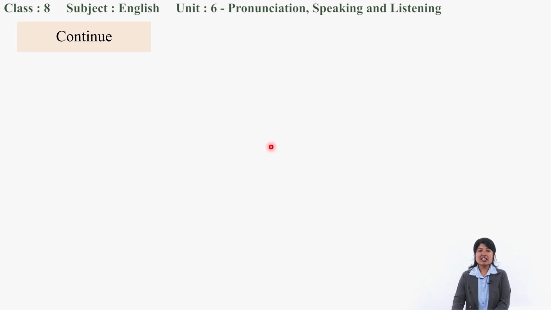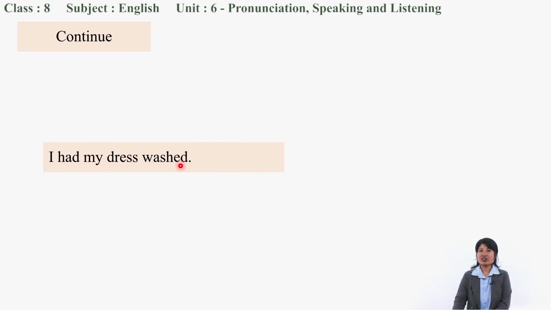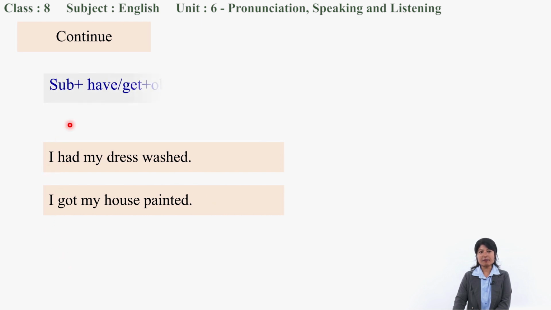All right. Then I had my dress washed. I got my house painted. Okay, different causative is there. Though it is subject, have and get, both causatives, here what we have different is the object, right? Object is in front instead of the doer.